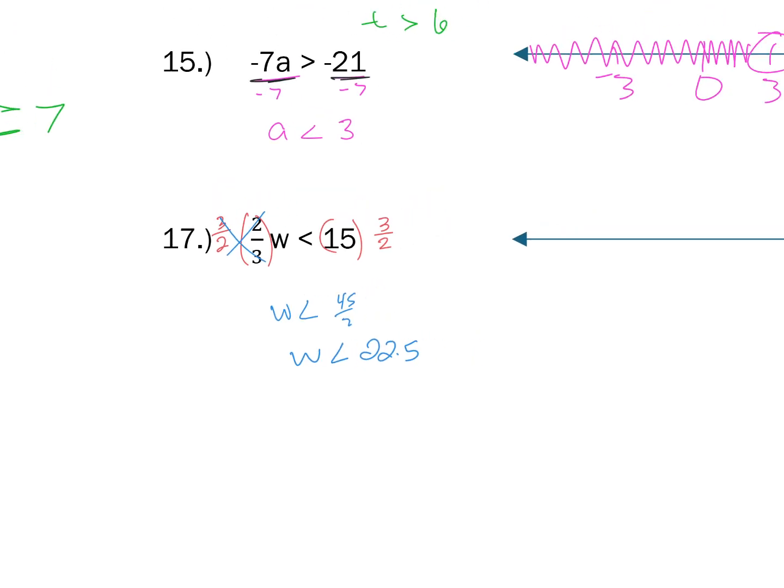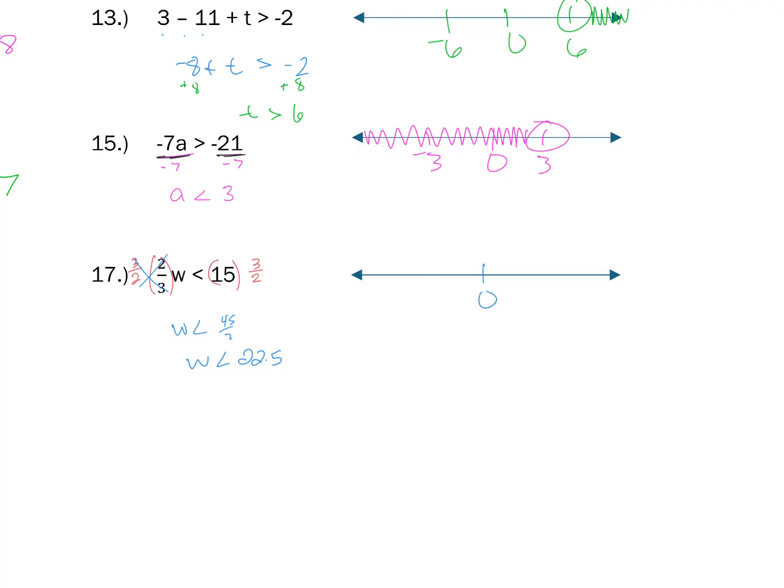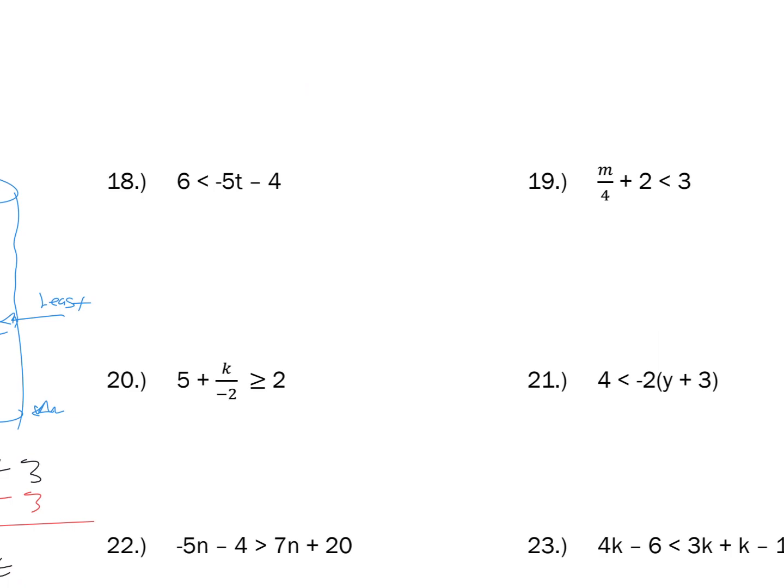Yeah, that's fun. Okay, so 0, 22.5, -22.5, and an open dot on 22.5, and we're going to go left because that is all the numbers that are less than 22.5. Oh, look, more graphing. I was just kidding about not being done graphing.